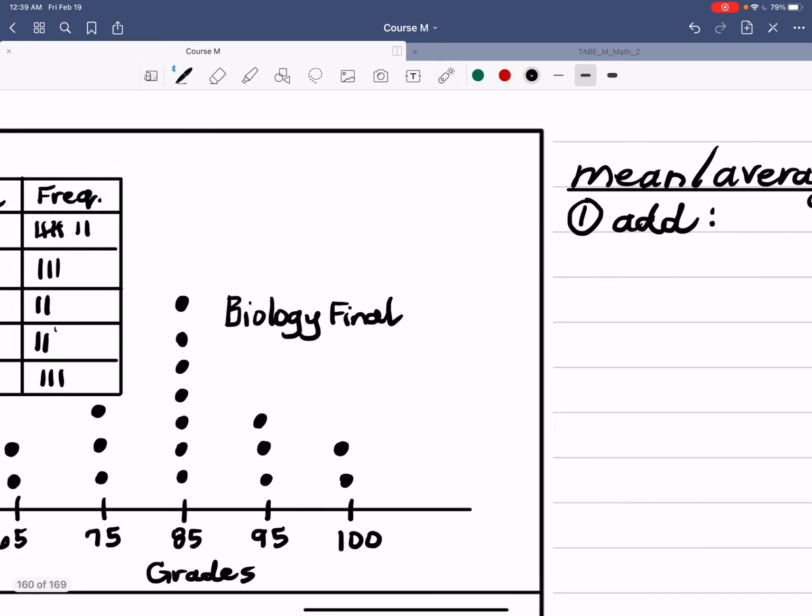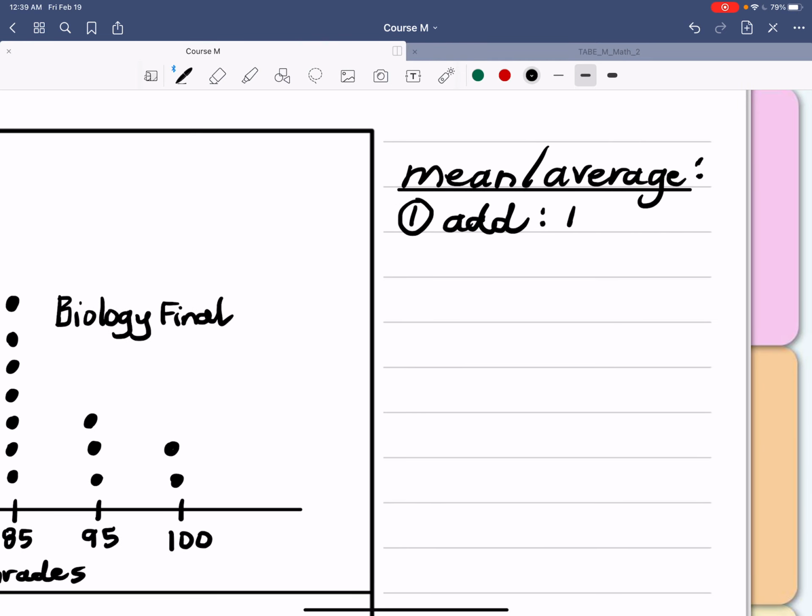And I got a total there of 1,435 points. And in this case, we're dividing by 17 because there are 17 students in this class. So the average grade was 84.4.